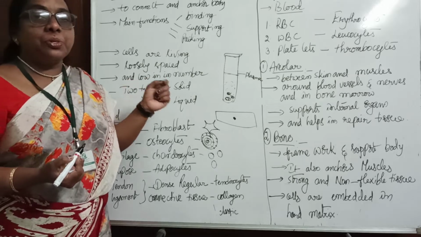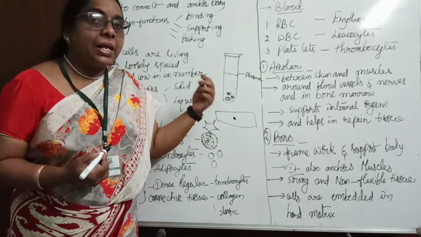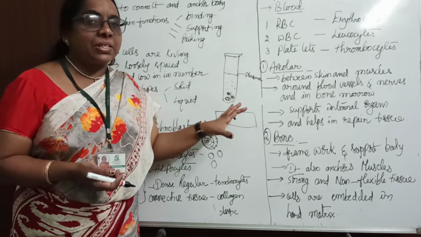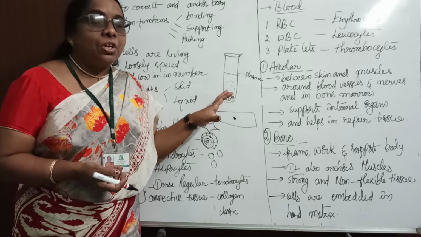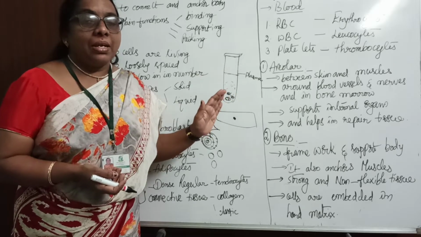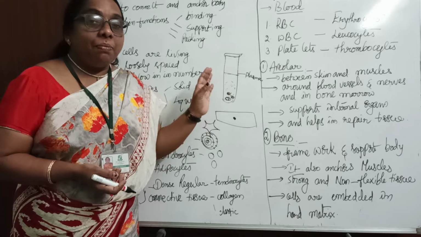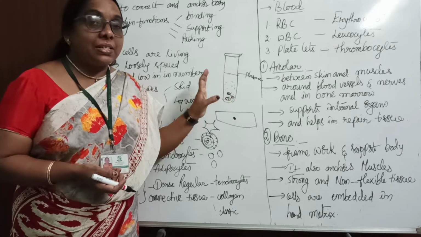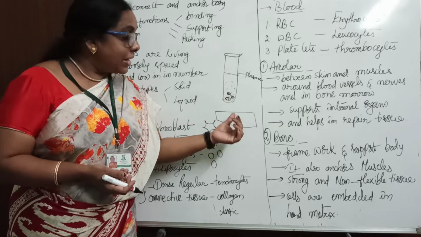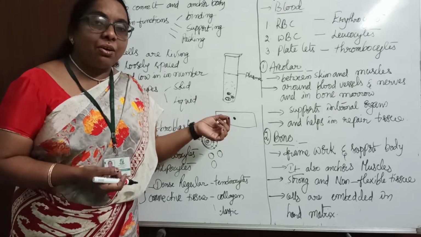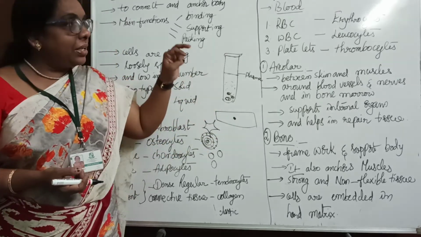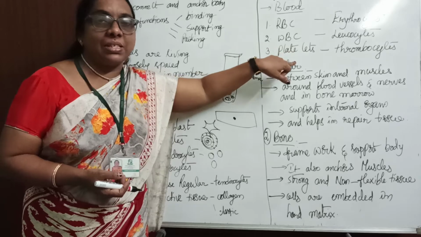The study of blood is known as hematology. The cells present in the blood we can study like this: take a clot, observe under the microscope, and we can see 3 different types of cells.